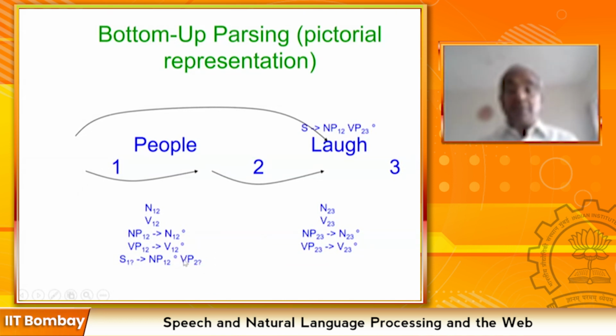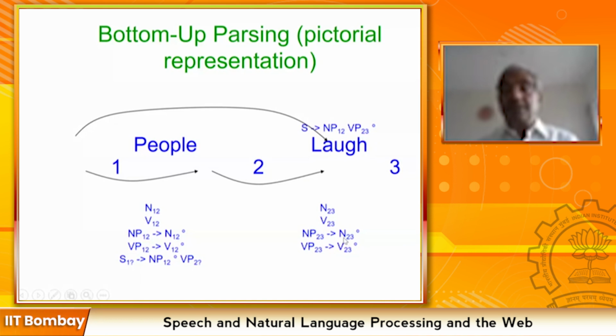So now, since the work of VP needs to be done, I go to laugh, and laugh again produces N23. Laugh can be a noun, as in 'I had a good laugh', and I have V23 between 2 and 3. There is a verb V. So I finish the work of finding NP.